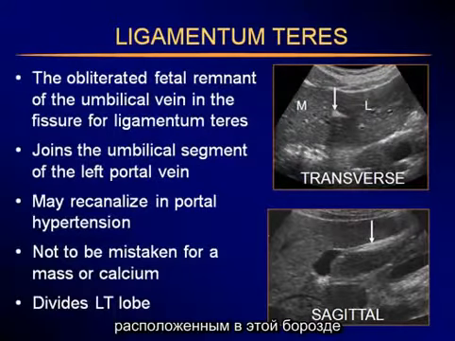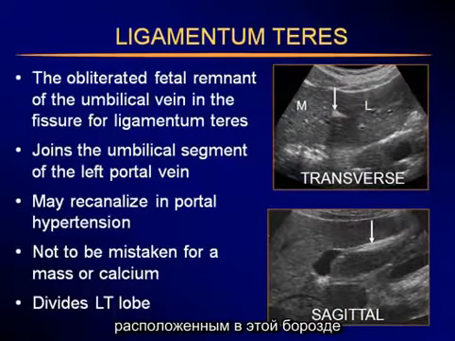So the fissure has a little fat in it. That's what gives us bright reflectivity. So somewhere in here is the collapsed, obliterated ligamentum teres, surrounded by echogenic fat.